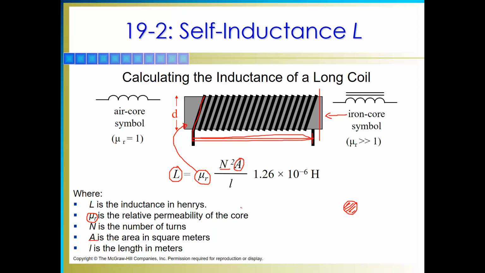And this number right here, 1.26 times 10 to the negative 6, this is a constant. So this one will be there all the time, every time that we use this formula. It's just a constant value.